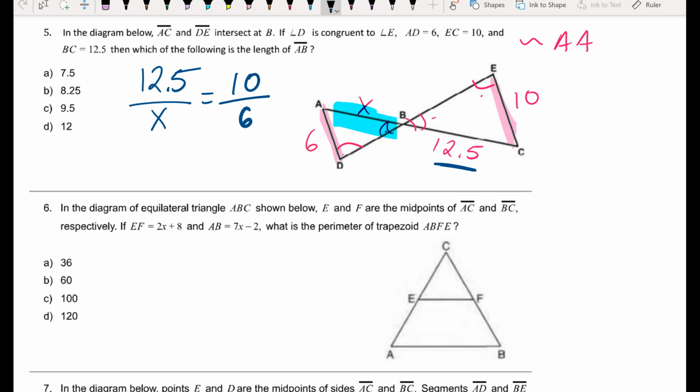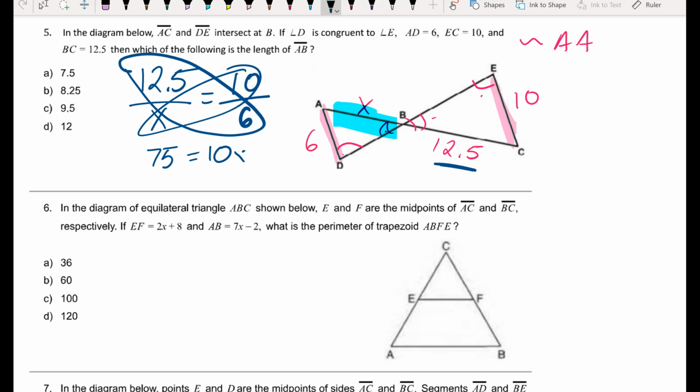Now, like any good proportion, I could cross multiply. Multiply 12.5 times 6 along one diagonal to get 75. And 10 times x is 10x. If I divide out a 10 on both sides, I find that the length of AB I'm looking for here is 7.5.